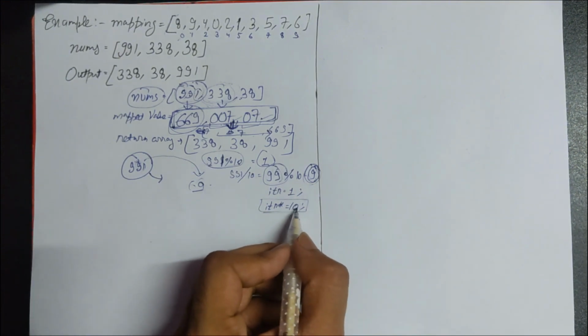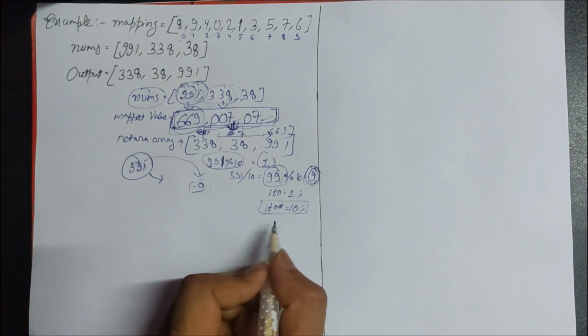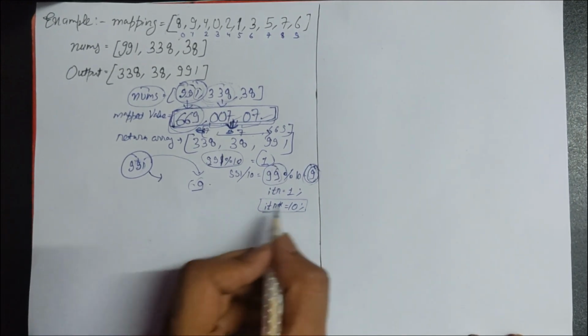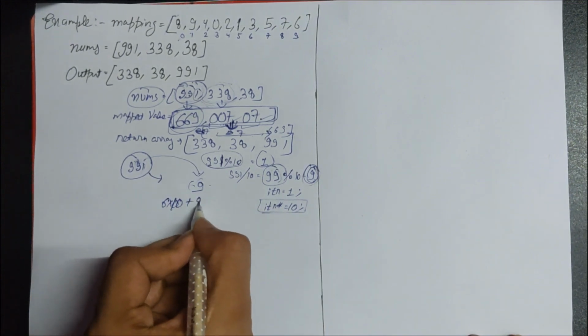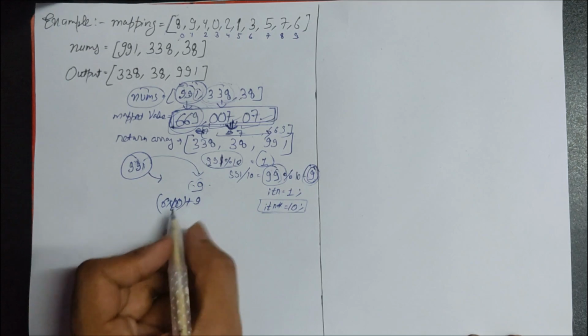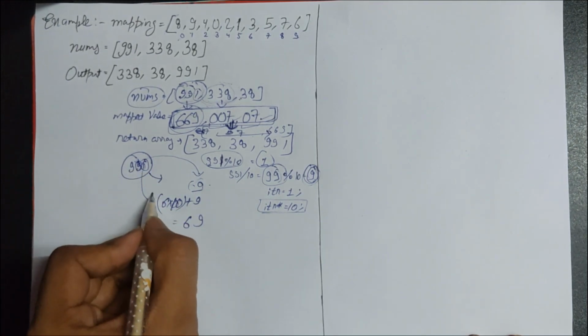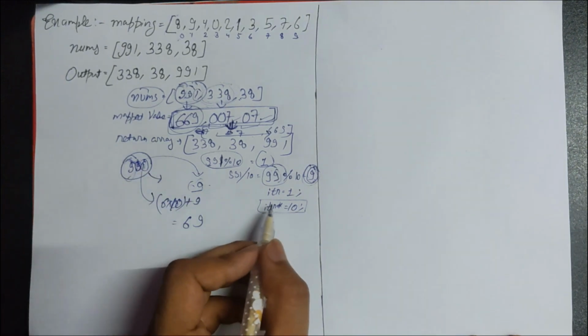As the ITR will be 10 for the second iteration, we will just multiply the current remainder by ITR. So 6 will be multiplied by ITR, which will be 6 into 10, and 6 into 10 plus 9 will be our new value, which is 69. So this value is also gone. After that we have the last value 9, and we will repeat this step again.